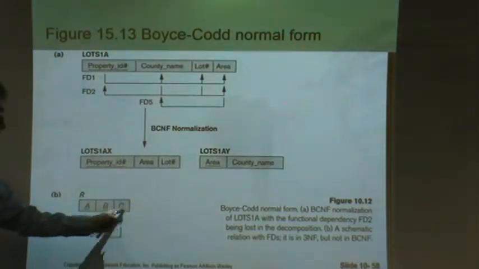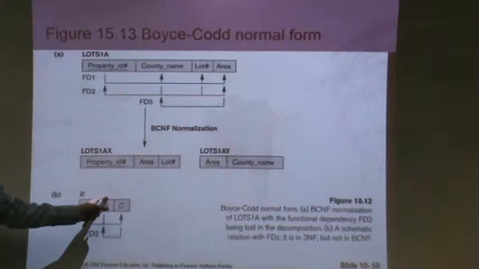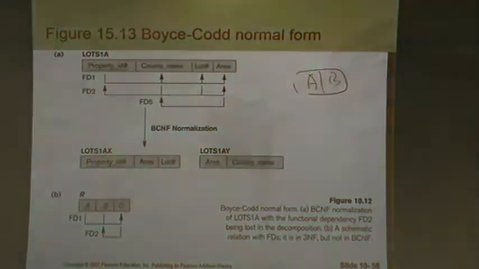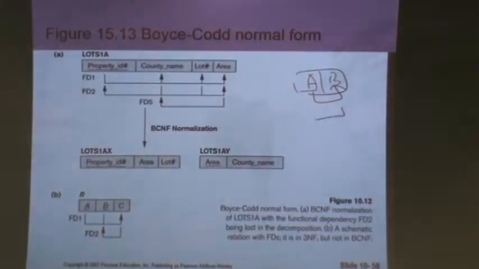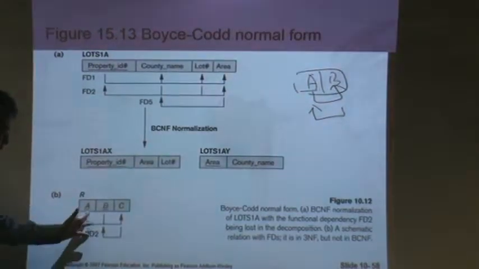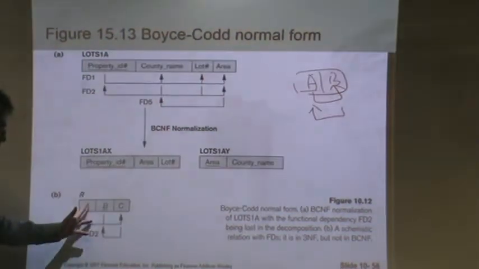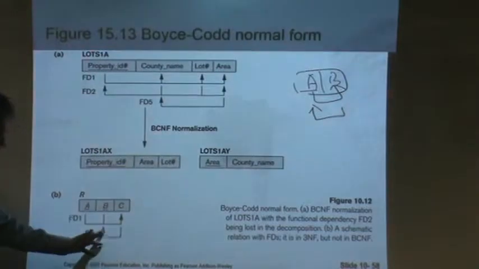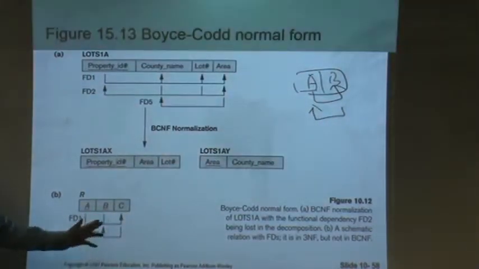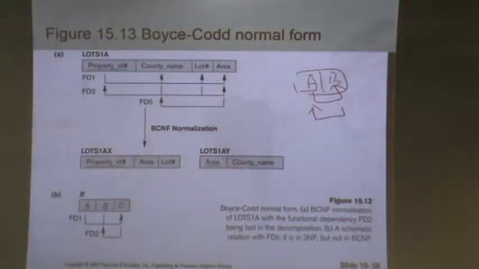A, B determine C, and C determines B. There is no case like this: A, B determine B, B determine A. There is no case. However, this kind of composite primary key determined by the partial: A, B determine C, C determines B or A. That is the typical case of BCNF.